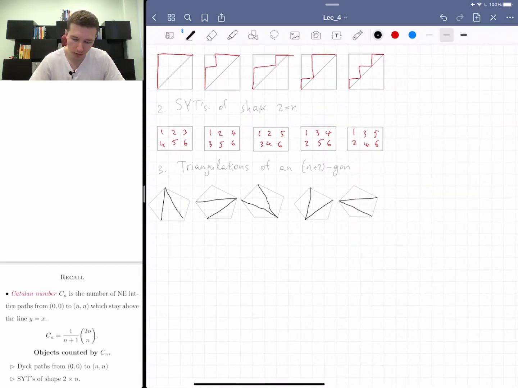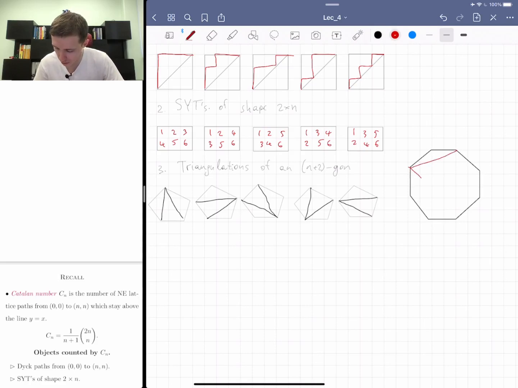Maybe if I draw a bigger polygon, an octagon, I can draw a more complicated triangulation, maybe something like this. The goal is to end up with a bunch of triangles whose union is the whole polygon.